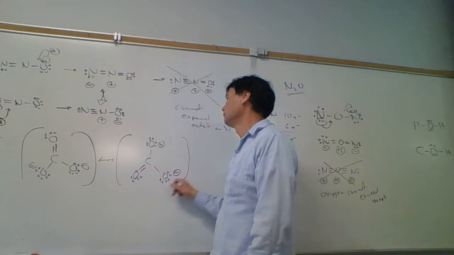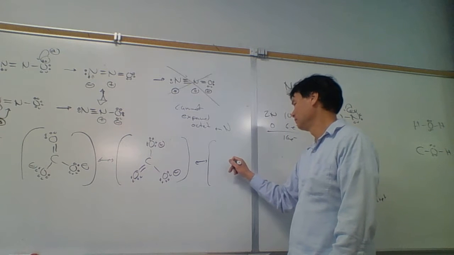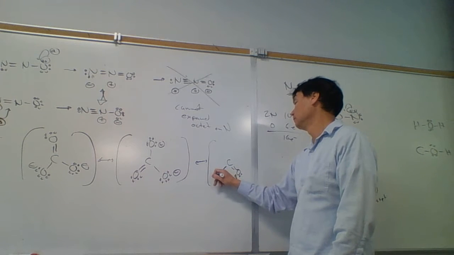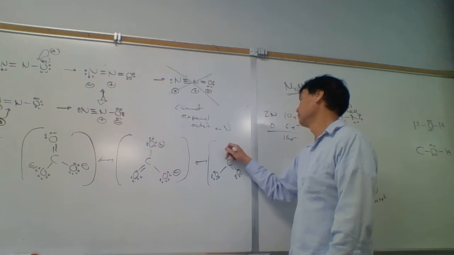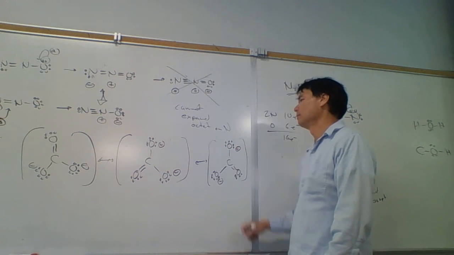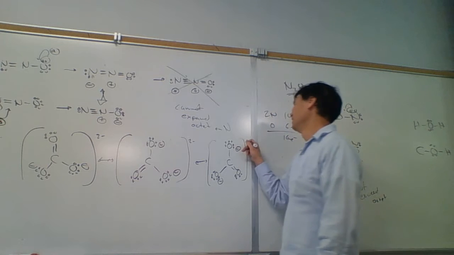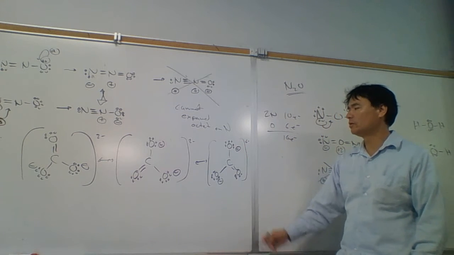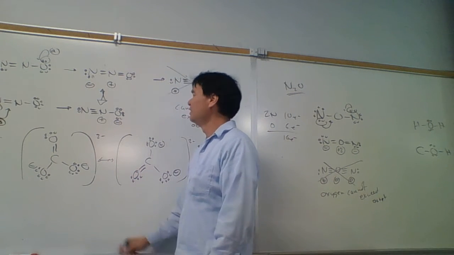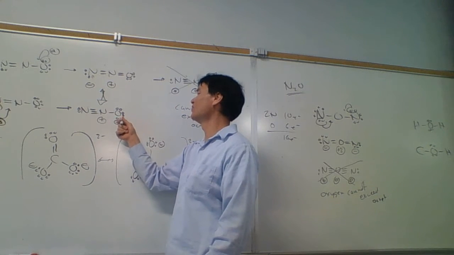We did? 2 days ago. I'll write it again. And so this is 2 minus, 2 minus, 2 minus. And so these are all equal in terms of energy. These are called equivalent resonance forms. These are not equal here, and this one's a little more stable because oxygen is 3.4, nitrogen is 3.0.